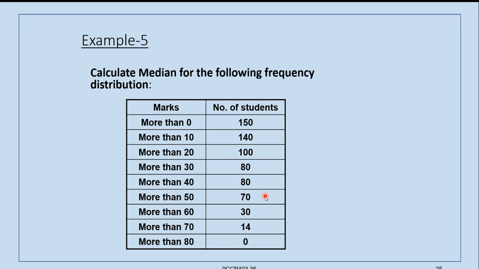For this, 50 to 60 is 70 minus 30. 40 to 50 is 80 minus 70. 30 to 40 is 80 minus 80. For this, 20 to 30 is 100 minus 80. For this, 10 to 20 is 140 minus 100. And for this, 0 to 10 is 150 minus 140.